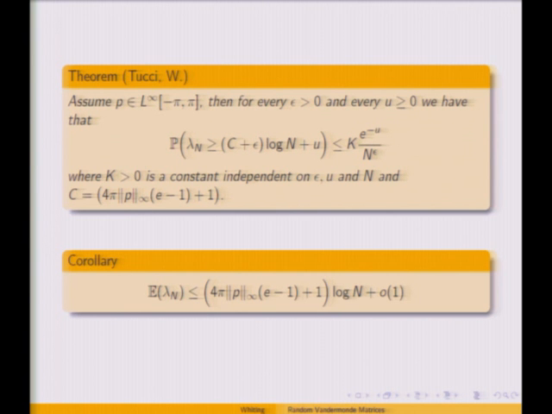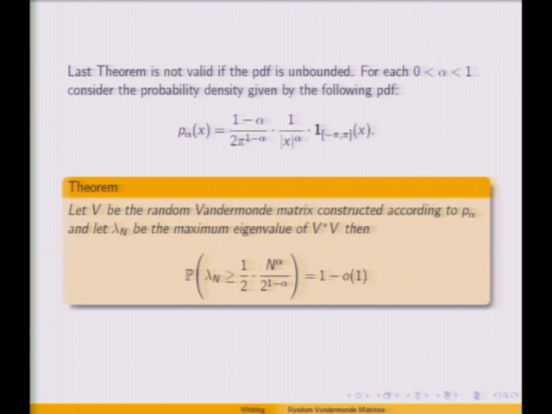Now we repeat for each row, but we notice that these are dependent random variables, so we apply the union bound on the maximum row size, and that gives us a bound on the maximum eigenvalue. That's how it's obtained, and that gives you a logarithmic value. So we know it's not growing any faster than log n. But what can we say about how, in some sense, it's growing?